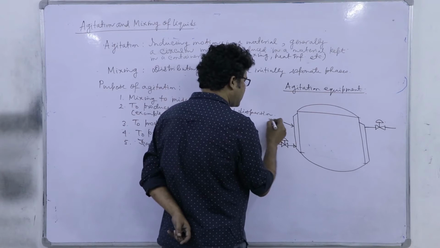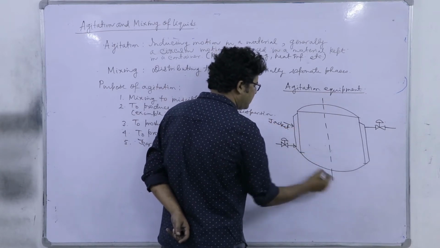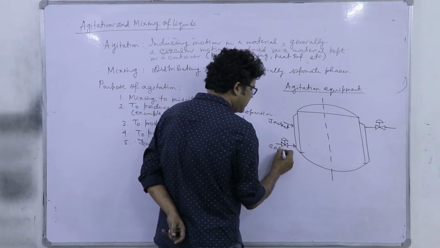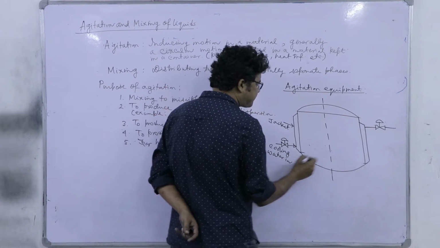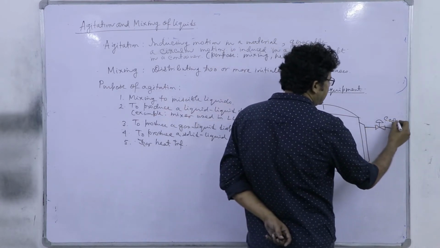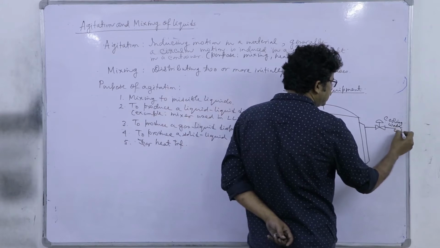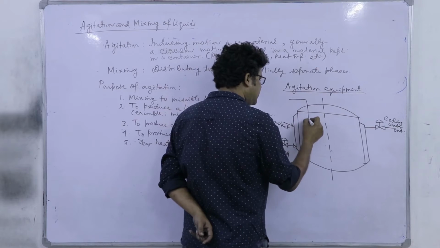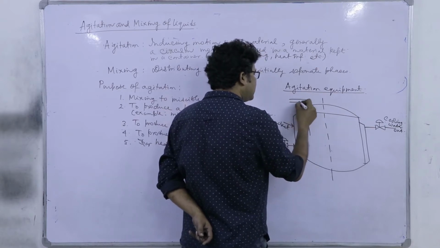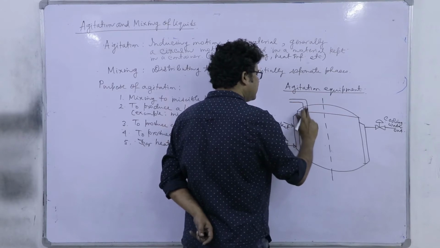So this is the jacket, central axis, cooling water in, cooling water out. We have a pipe which is dipped inside.